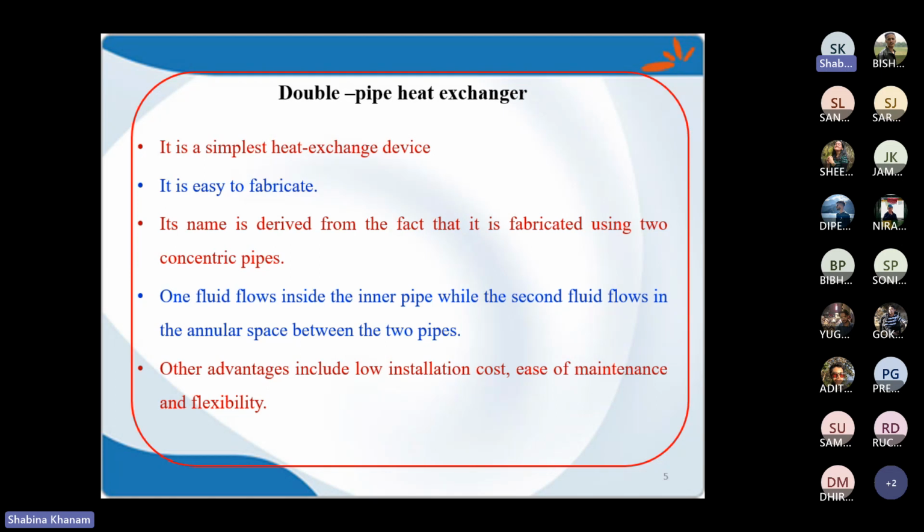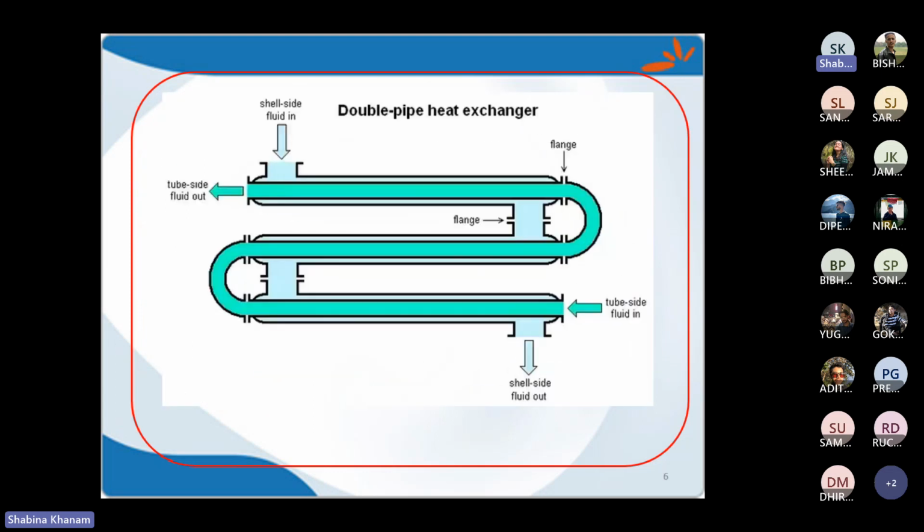So we will see why this type of heat exchanger is not used very frequently, apart from all these advantages. But before that, we will see the assembly of the double pipe heat exchanger. In the double pipe heat exchanger, we have two spaces.